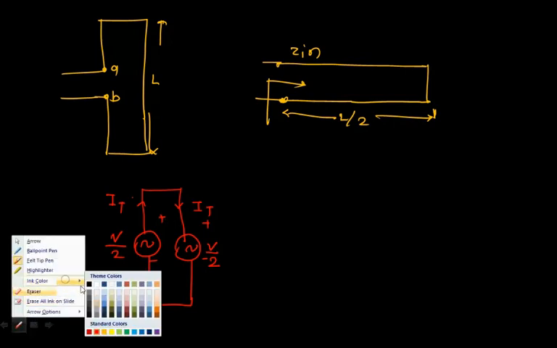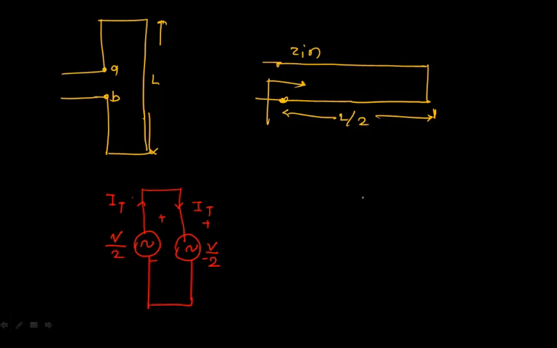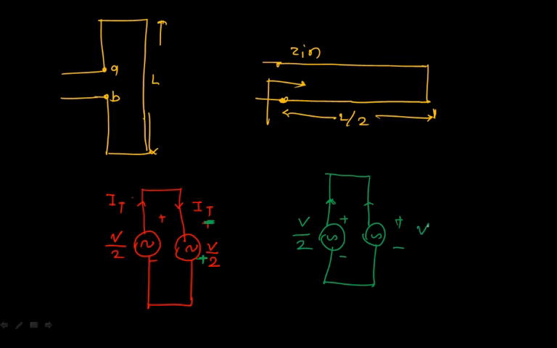Another fact which I want to convey: if you are using it in the antenna mode, your currents are equal in direction. Now you just take care of the signs which you are giving to these sources. Here it is plus minus and this should be minus plus, as they are opposite in direction. In the antenna mode they are in the same direction, so you have V by 2 and V by 2 again.